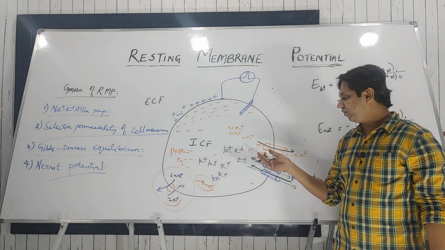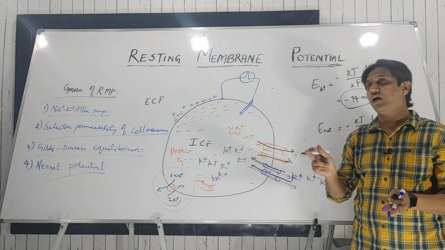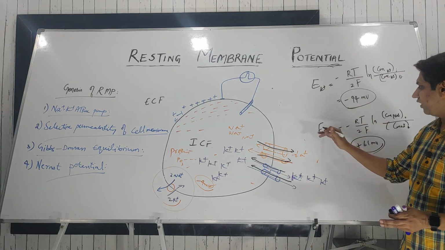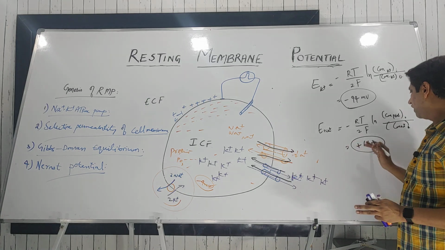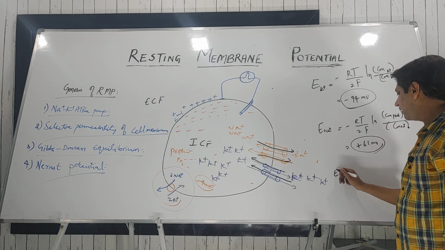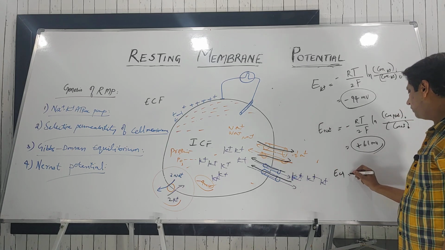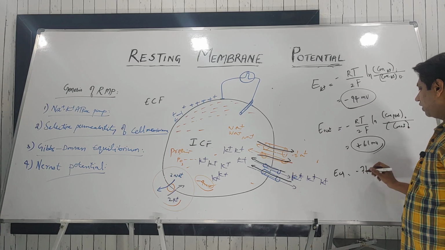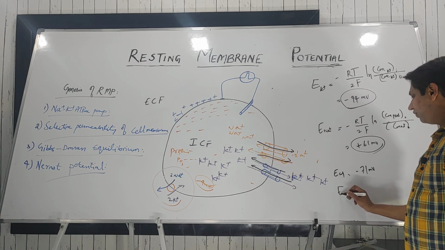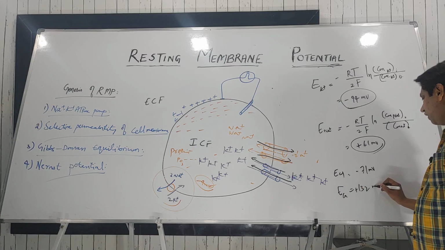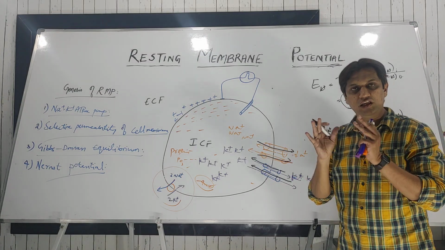Remember, equilibrium potential is only for a single ion. Equilibrium potential of potassium is minus 94 millivolt. Equilibrium potential for sodium is plus 61 millivolt. Equilibrium potential for chloride, if we calculate for the chloride channels also, will be around minus 71 or minus 70 millivolt. Equilibrium potential of calcium, if we calculate, will be around plus 132 millivolt. So this is for individual ions.